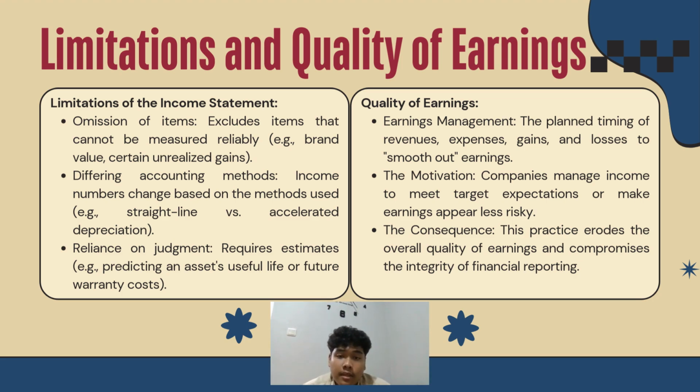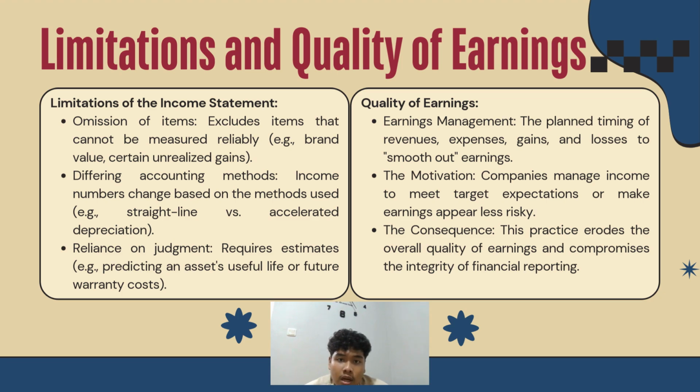Even though the income statement is very powerful, we should know its limitations. First, the income statement omits certain items simply because they cannot be measured reliably. For example, things like brand value or certain unrealized gains won't show up here, even though they hold real value. Second, income numbers are heavily influenced by the accounting method we choose to use.